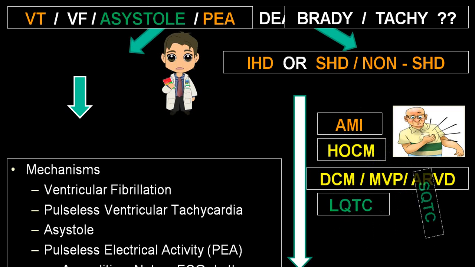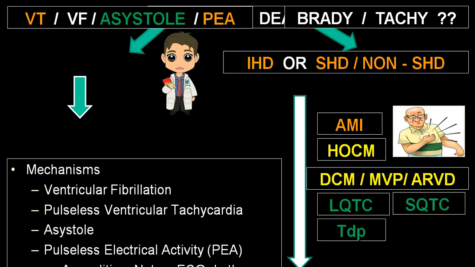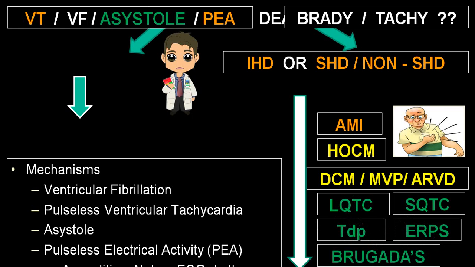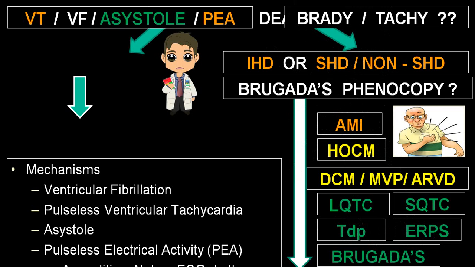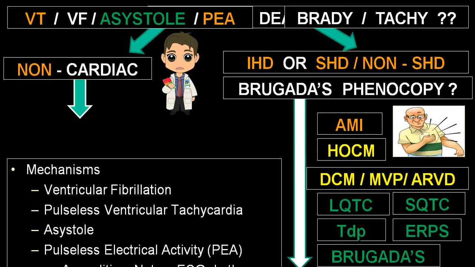Long QT, short QT are non-structural heart disease. Then torsades de pointes, early repolarization syndrome groups, Brugada, which is type 4 variety of early repolarization. Brugada phenocopy usually is not so lethal.